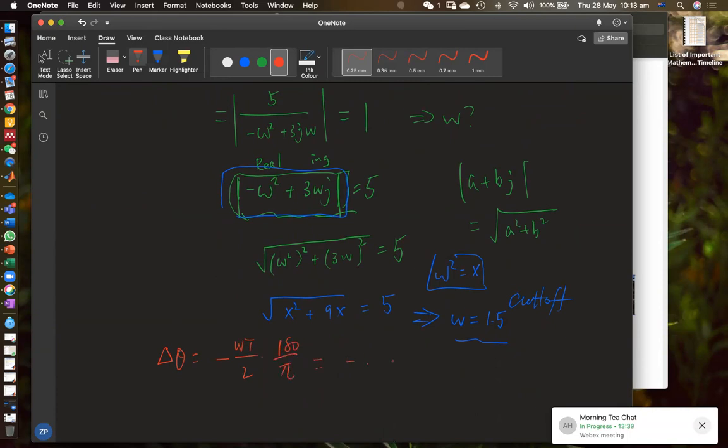So negative omega here is 1.5 over 2. T here is 0.5 seconds. Then 180 over pi. This gives you negative 21 degrees.